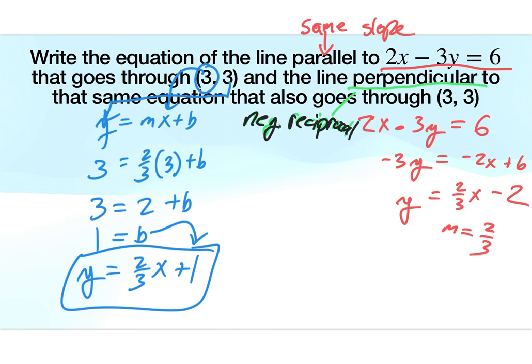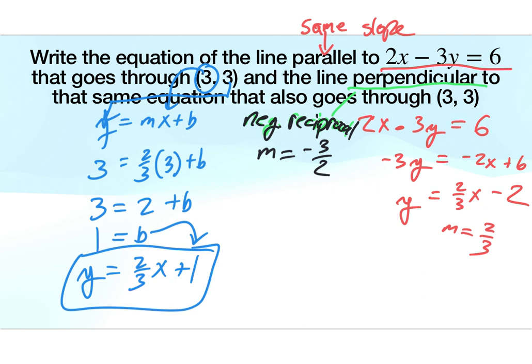If the slope of the original line was 2/3, the slope of the perpendicular line will be negative 3/2. The reciprocal, flipped it, opposite sign. If this one's positive slope, the perpendicular line is negative slope. If this line is negative slope, then the perpendicular line is positive slope. And the relationship is then the fractions flipped.